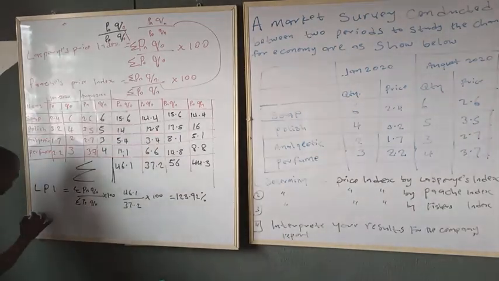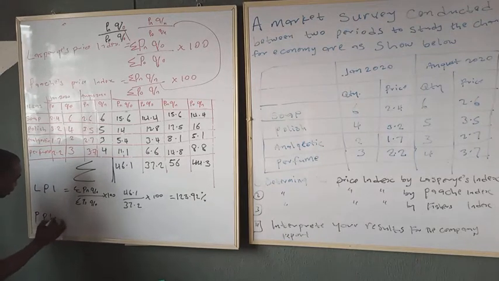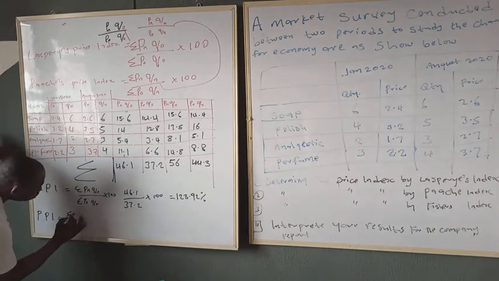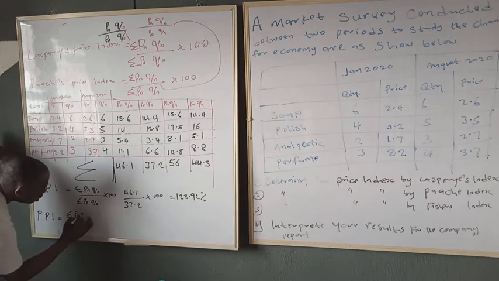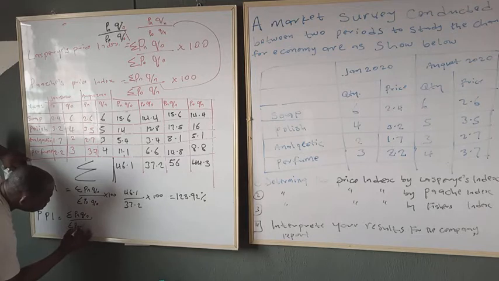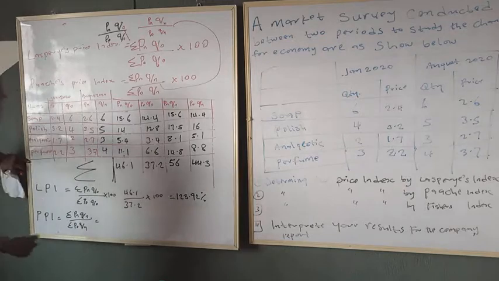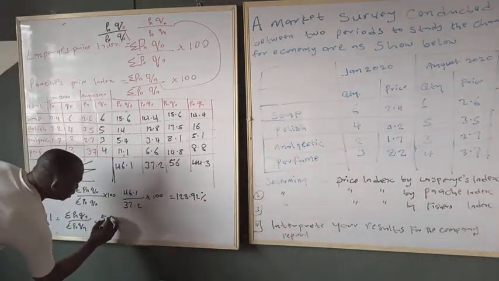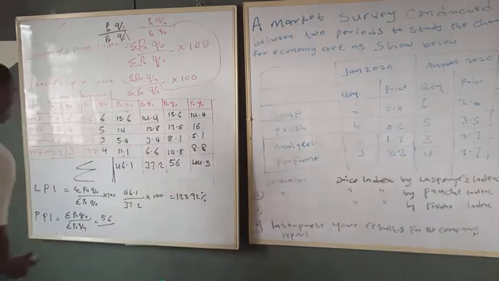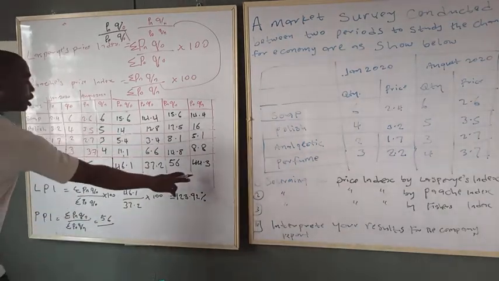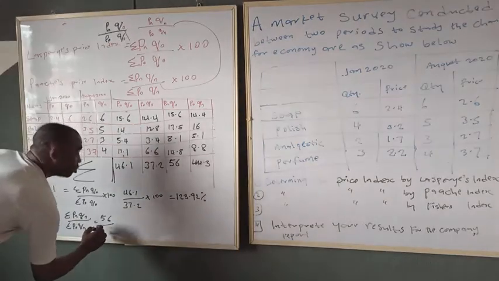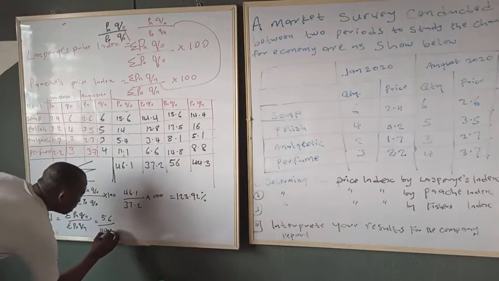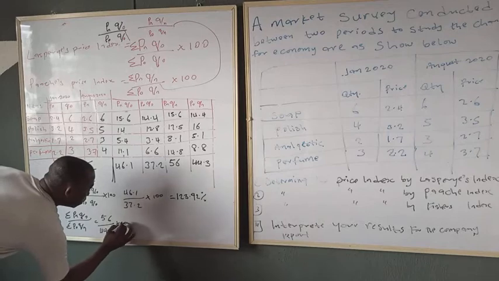We say Paasche price index, which is equal to summation PNQN over summation POQN. We have PNQN as 56, divided by summation POQN, which is 44.3, times 100.